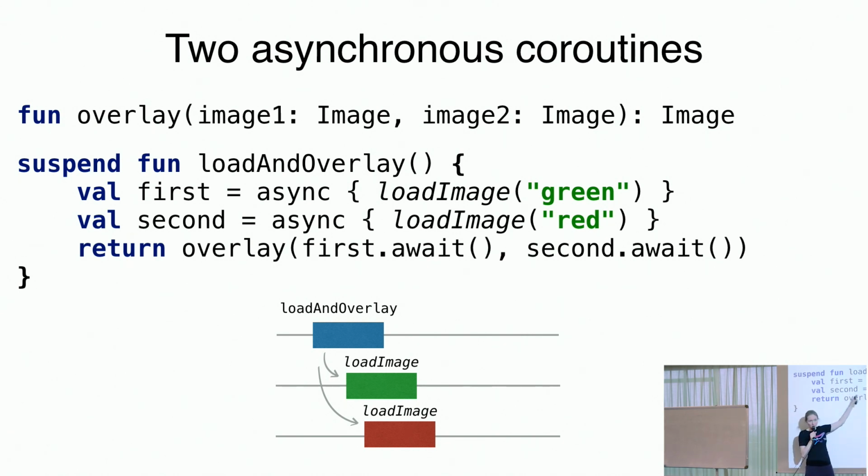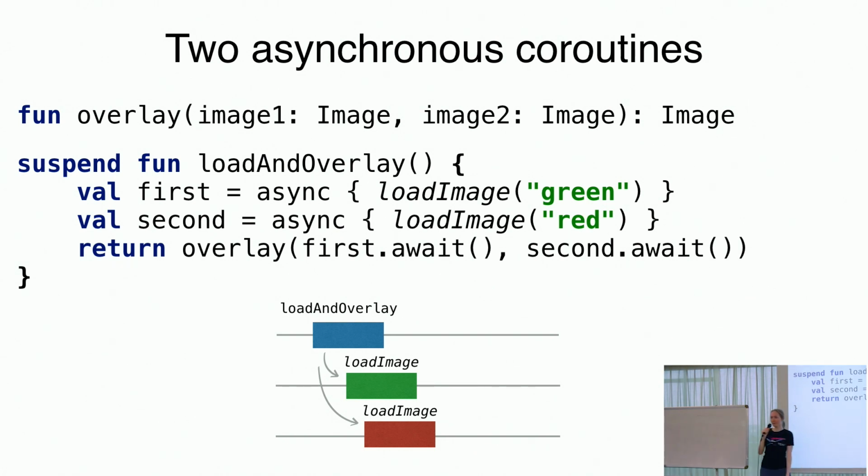This one just returns a reference, and it is started in parallel, so the main coroutine continues and launches the second coroutine. This line returns the reference, and only after the first await is reached, the main load and overlay coroutine gets suspended, waits for the result, and then when the result is available, it gets back on its thread.